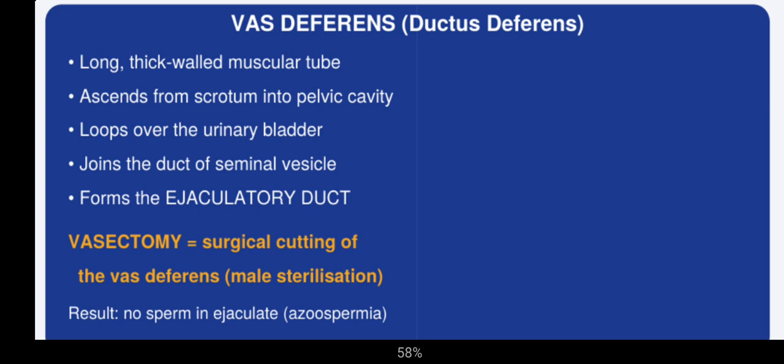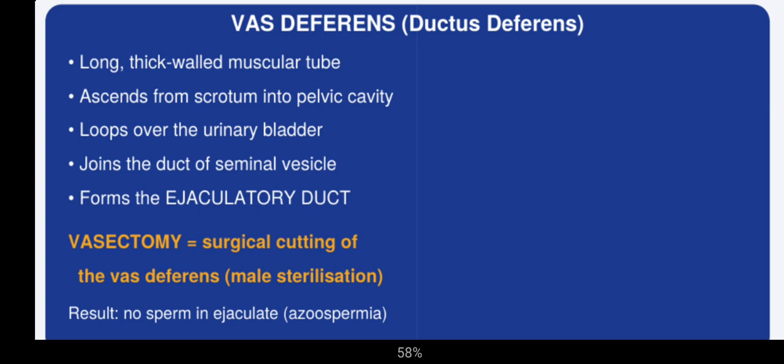Okay, and I know somebody is going to ask, if the vas deferens is no longer there, what happens to all the sperm in the epididymis? Would they just continue to accumulate? Because even if you remove the vas deferens, sperm production continues, just that they cannot come out. So are they going to keep accumulating until the epididymis becomes so big? No. Once sperm is produced and stored in the epididymis for too long and is not released, the body will digest it right there in the epididymis and absorb it into your body, so it now serves as a nutrient.